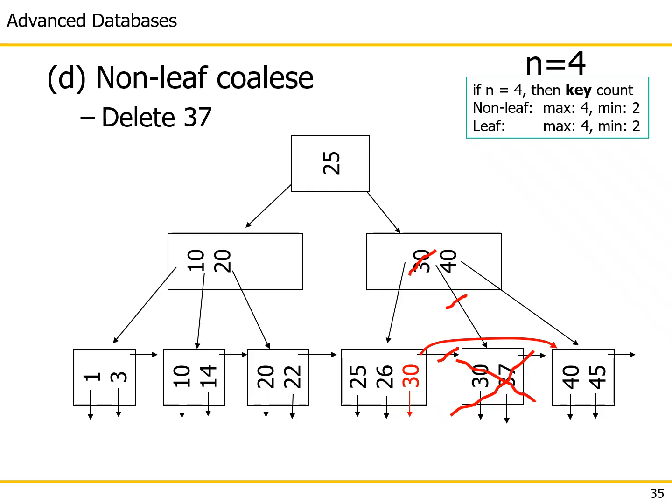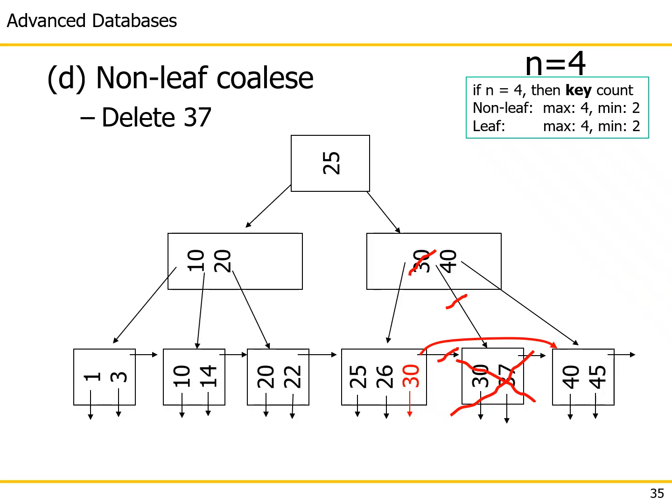The sibling to it, which is the 10 and 20, already has 3 references. So if I move the 40 to this sibling, I will have 3 keys, 10, 20, and 40, and 5 references.